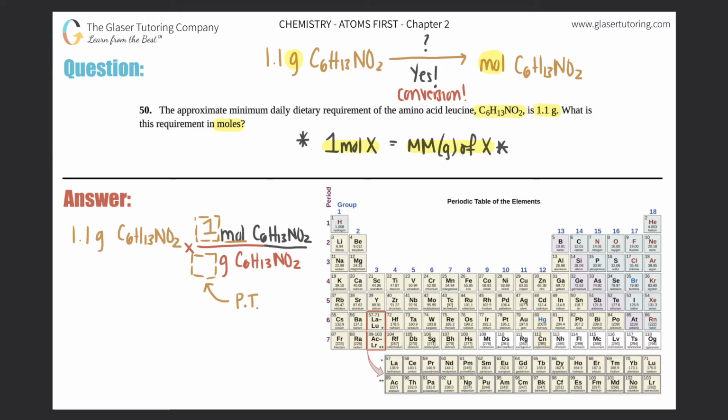So for this one, we just got to take the individual atoms. We're looking at carbon, hydrogen, nitrogen, and oxygen. So let's find out that molar mass. We have 6 carbons, so 6 times 12.01 plus 13 hydrogens, so times 1.008, plus 1 nitrogen, so just plus a 14.